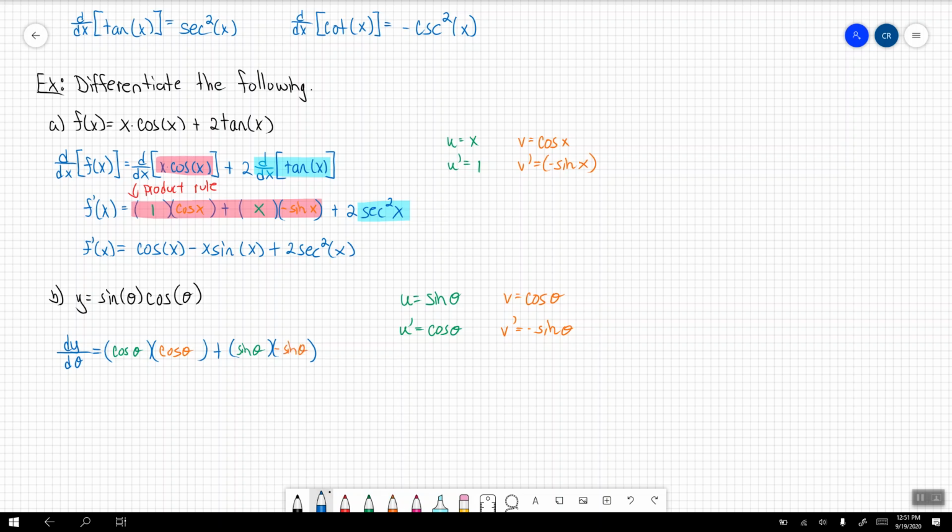And as you can see here, your y prime then turns into cosine squared of theta minus sine squared of theta. So again, here we use the product rule.